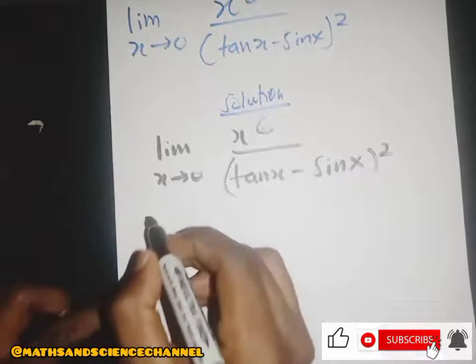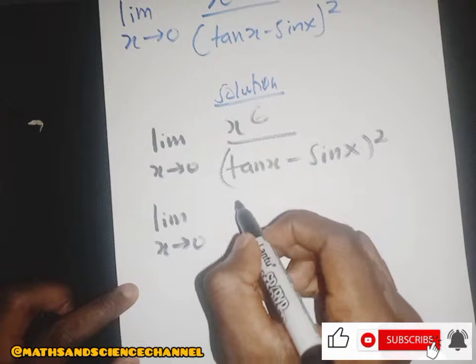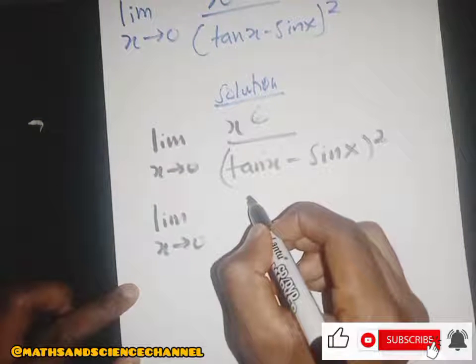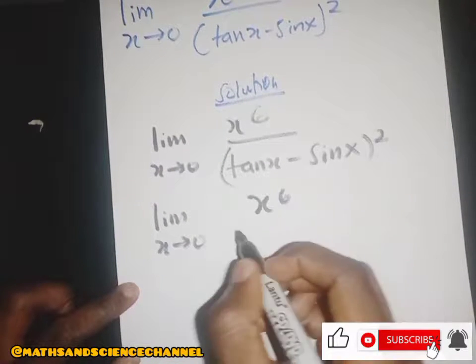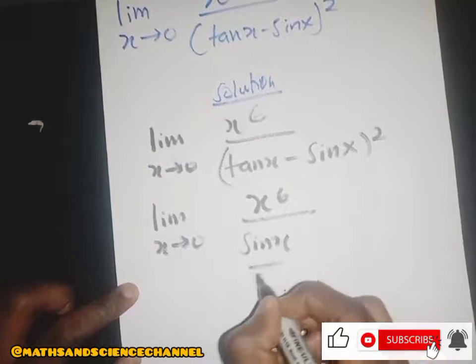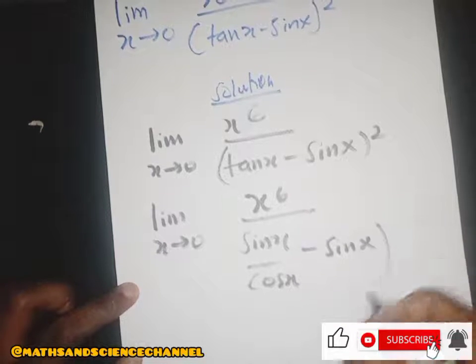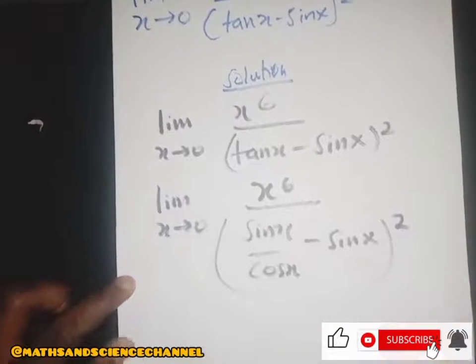So quickly let's do that. So x approaches 0, we have x to the power 6 here, being divided by tan, which is just sine x over cos x, minus sine x, all to the power squared.